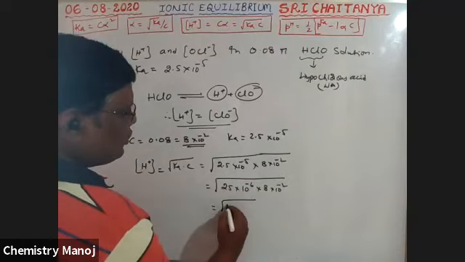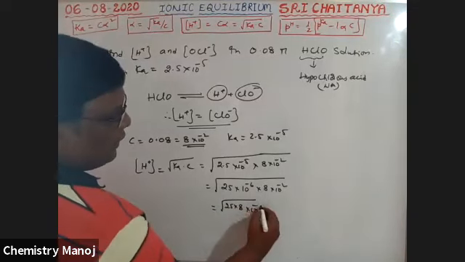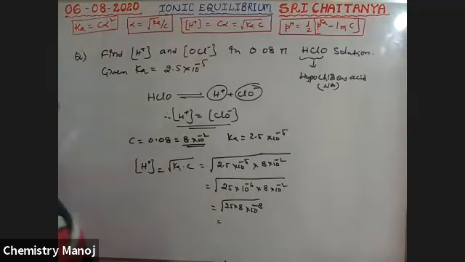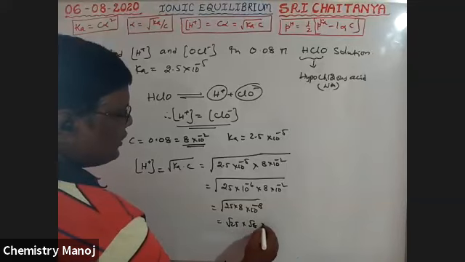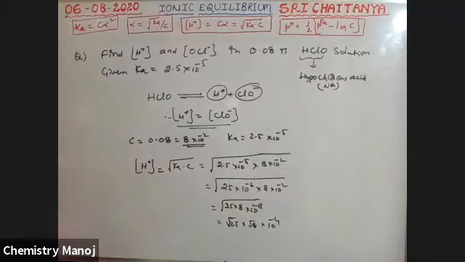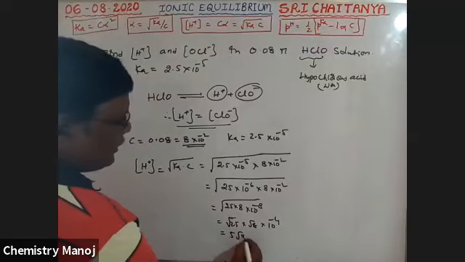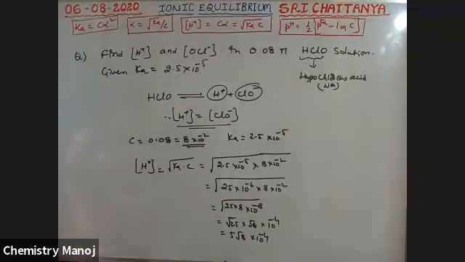That is 25 into 8 into 10 power minus 8. So root 25 into root 8 into 10 power minus 4. That is root 25 means 5, root 8 into 10 power minus 4. 5 root 8 into 10 power minus 4.